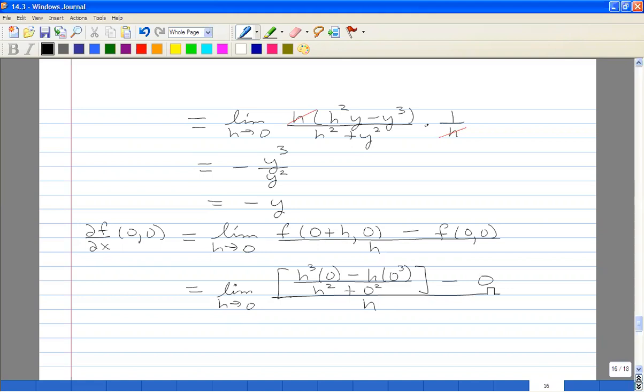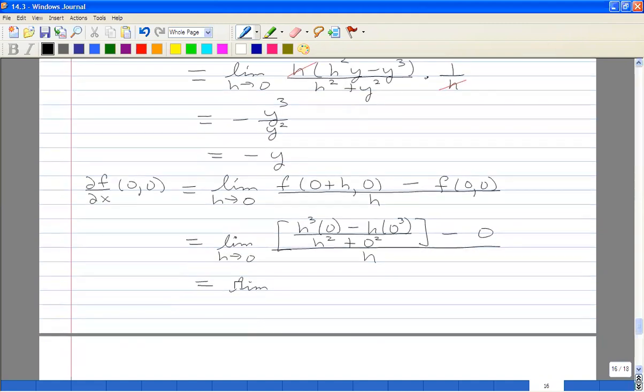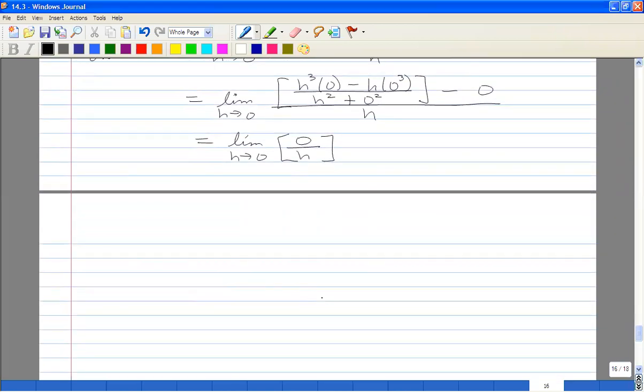Well, 0 minus 0 over h is 0. So I'm just taking the limit as h goes to 0 of 0 over h. And of course, that's going to be 0.